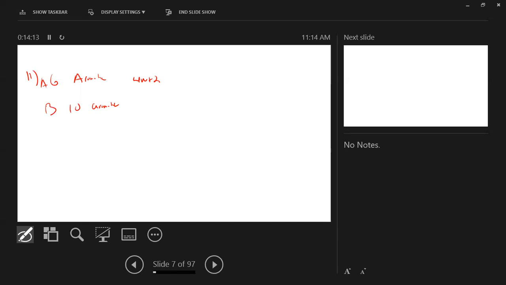You mean for compound A? So for this one right here, two, 4, and then this one right here is the one that's going to be added to it.